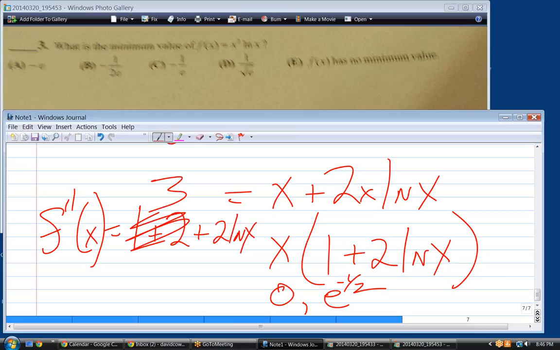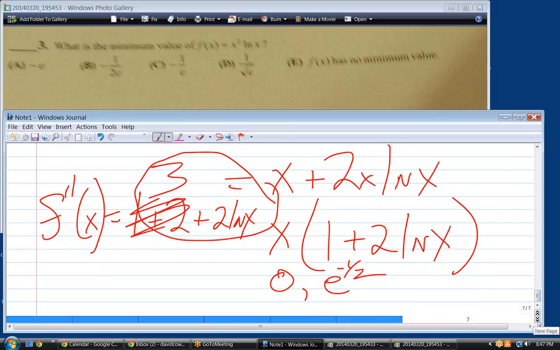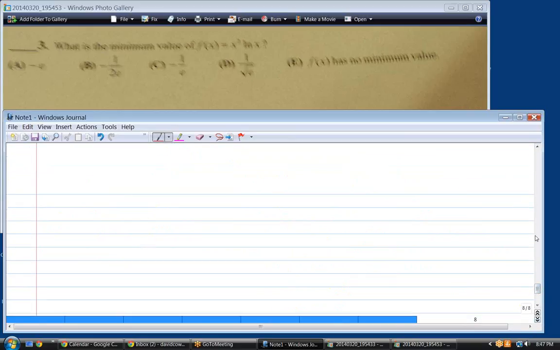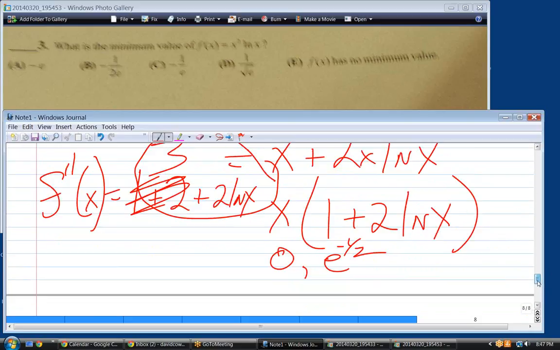So let's evaluate this at our 2 points. Can we even evaluate it at 0? No, because you can't take the natural log of 0. So the only thing we can even evaluate it at is e to the minus 1/2.